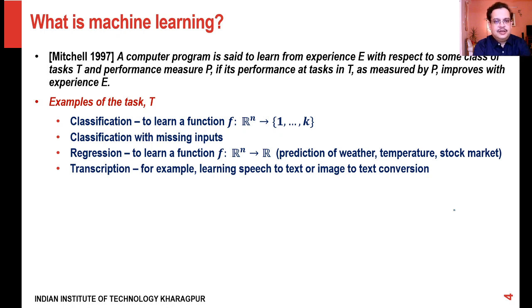Transcription is another important machine learning task where we want to learn speech to text or image to text conversion. There are literally many hundreds of algorithms which have been developed in the past couple of decades which do transcription with various levels of accuracy.